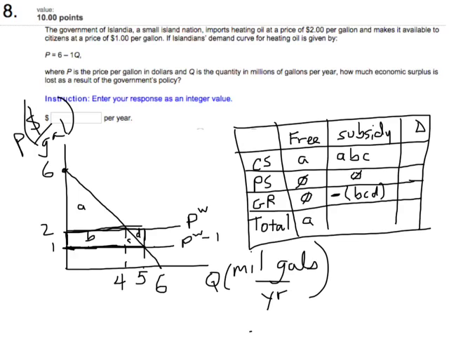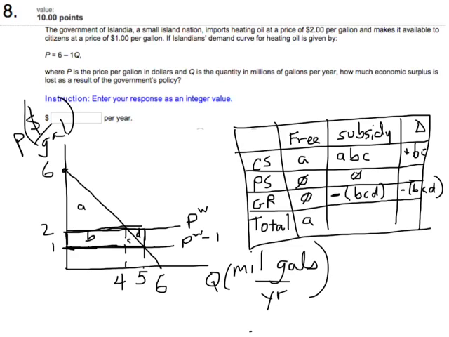Let's look who wins, who loses. Consumers of gasoline get more gas at a lower price. They pick up areas BC. But then taxpayers, who maybe are the same people, they didn't used to have to pay any money to support the goings-on in the fuel oil market, but now they're out $5 million.